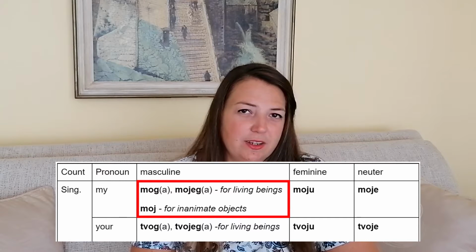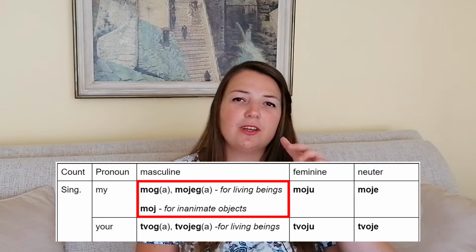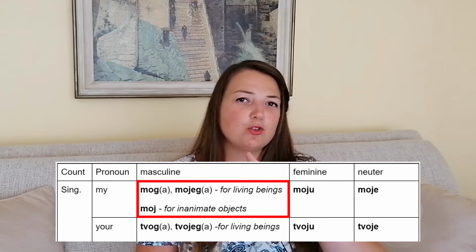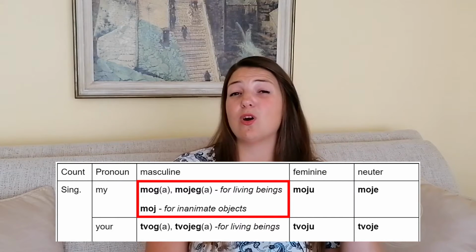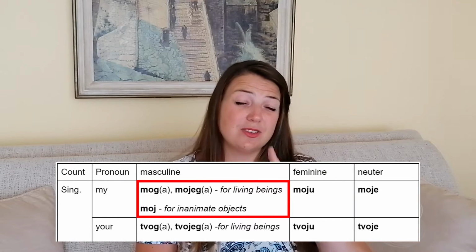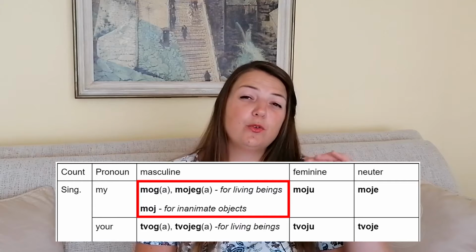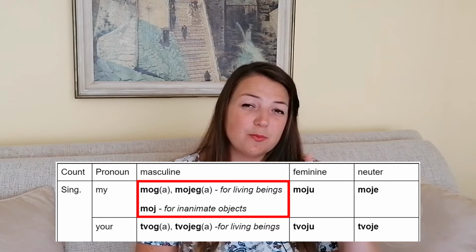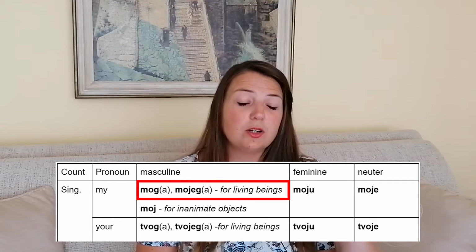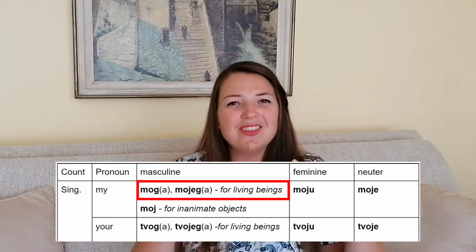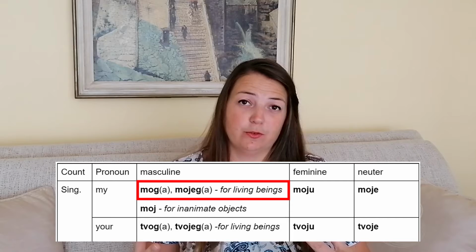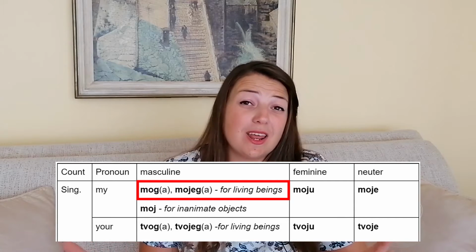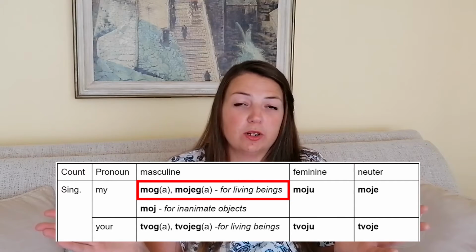So for masculine, notice that there is in the italics written that you use one form for the living beings and another form for inanimate objects. Now this is important, okay? So the form for the living beings is mog or moga. You can add the A when you want to emphasize the pronoun for some reason, but really you do not have to. You can use just mog.